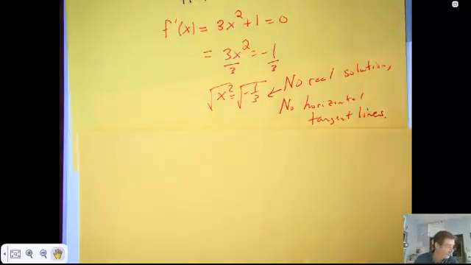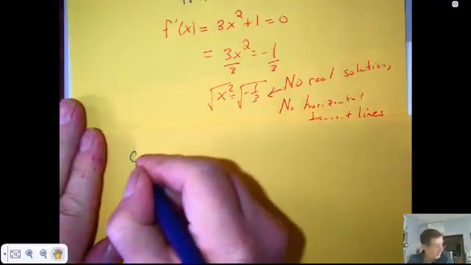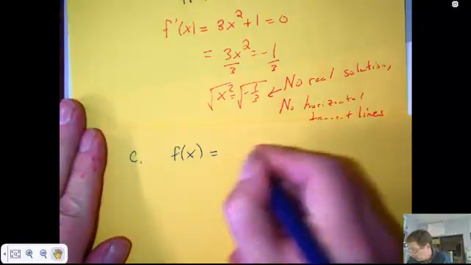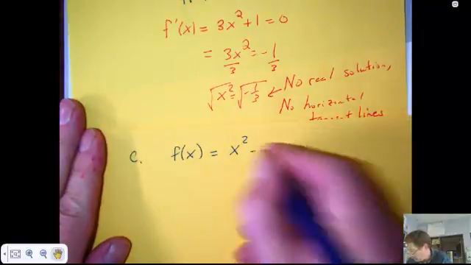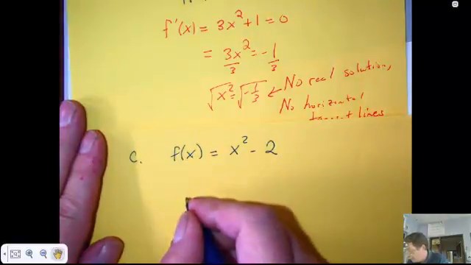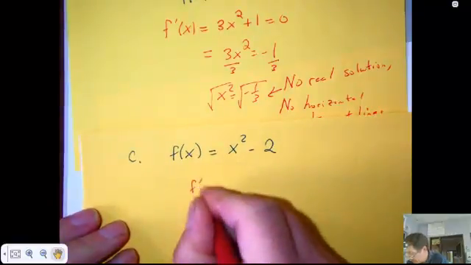Maybe this one will have them. So C is going to be f of x equals x squared minus 2. Okay. So the derivative would be just 2x, right? Because the derivative of x squared is 2x.